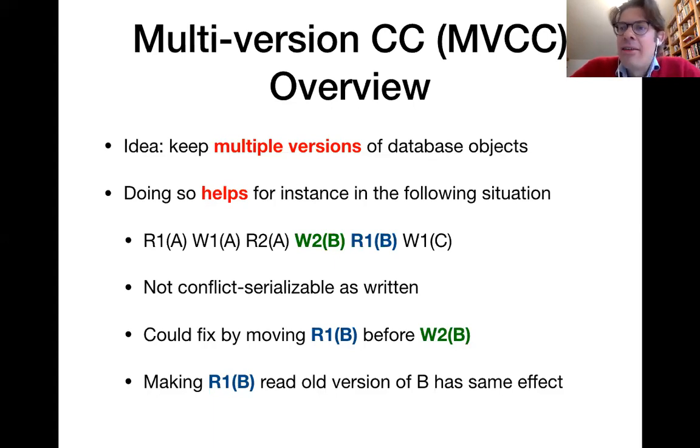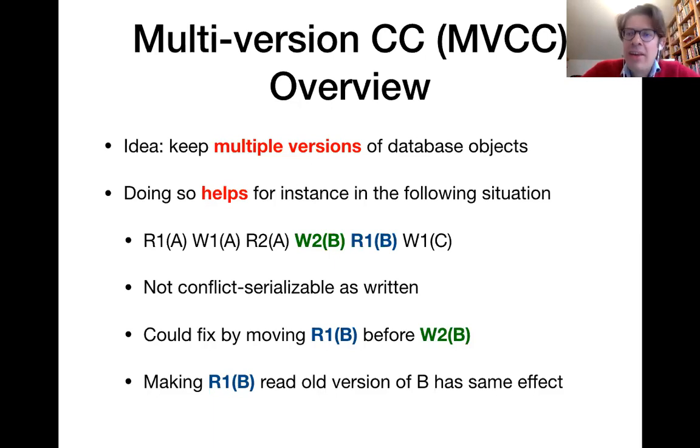Maintaining multiple versions of object B gives you that possibility, because once transaction 1 requests to read B, we could serve it the previous version of B before the write by transaction 2 has happened.